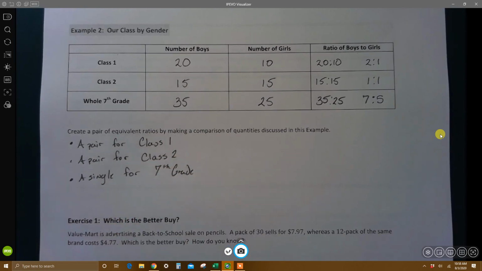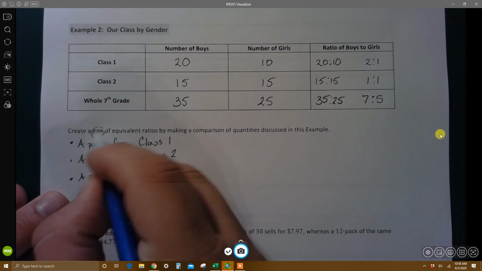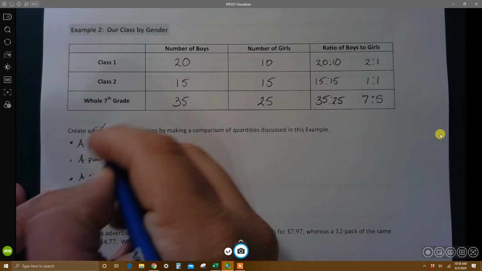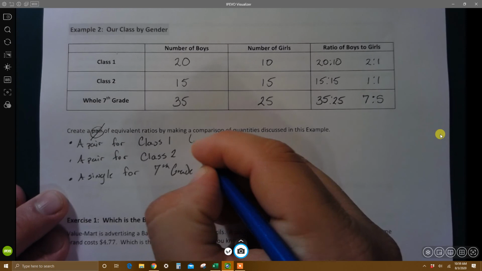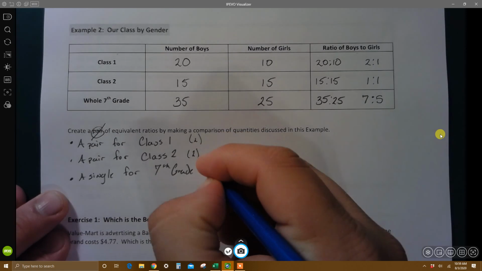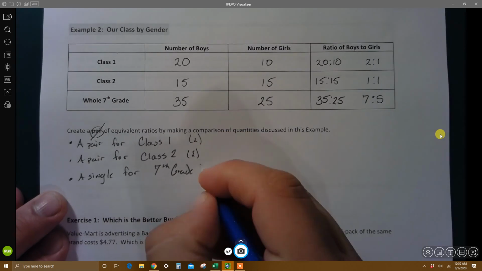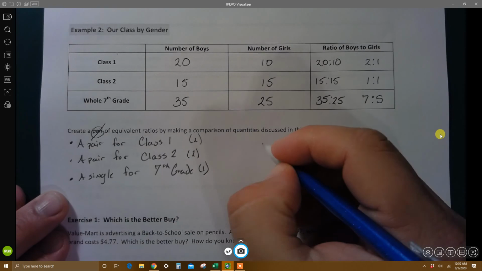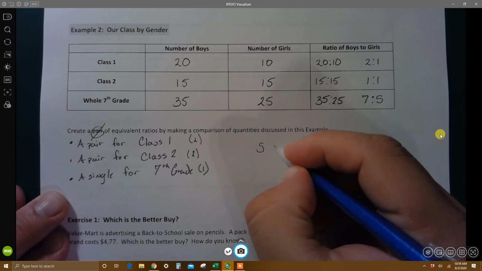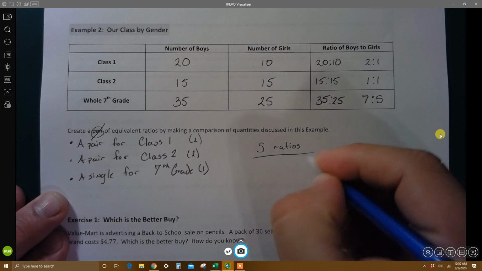So in other words, you're not just going to do a pair of equivalent ratios, okay? I need 2 for class 1, I need 2 for class 2, and I need 1 for the whole 7th grade. So I need 5 ratios, okay?